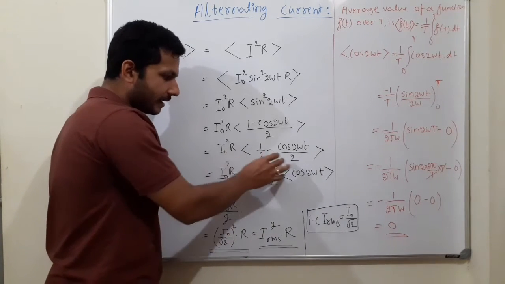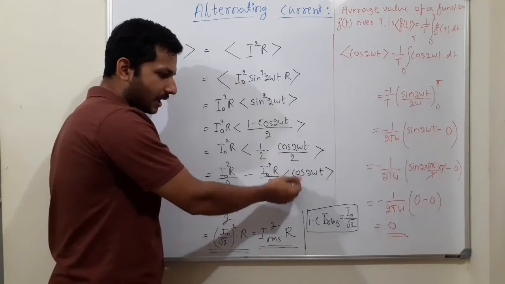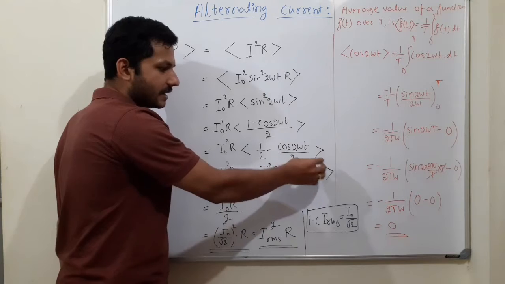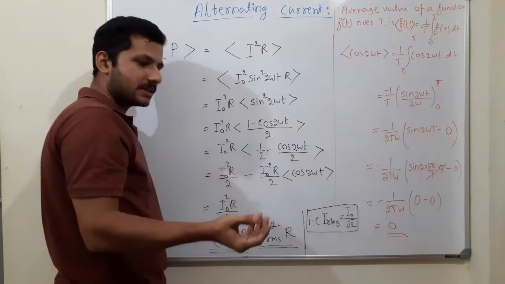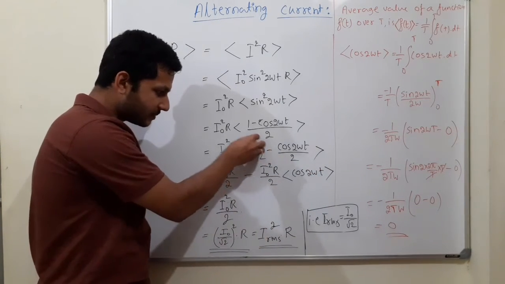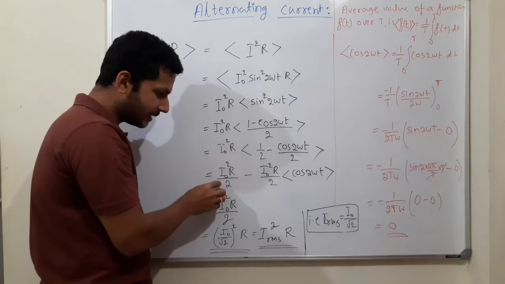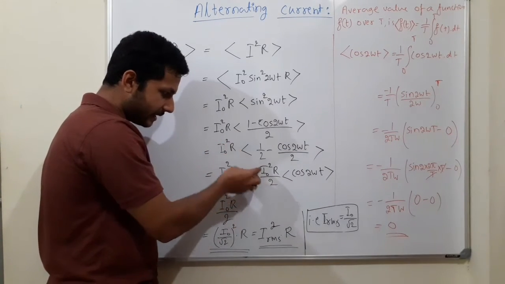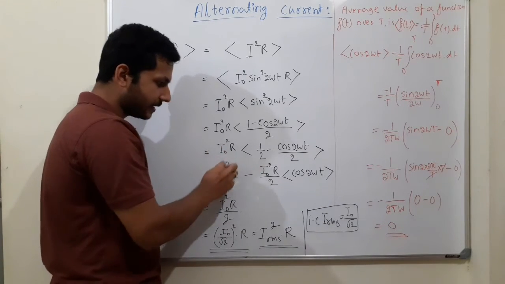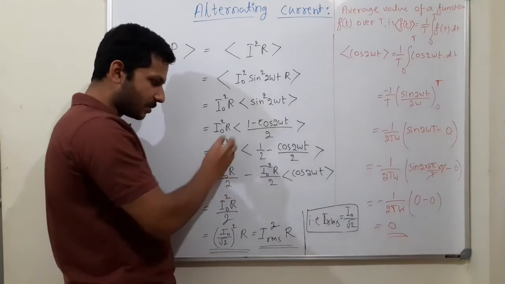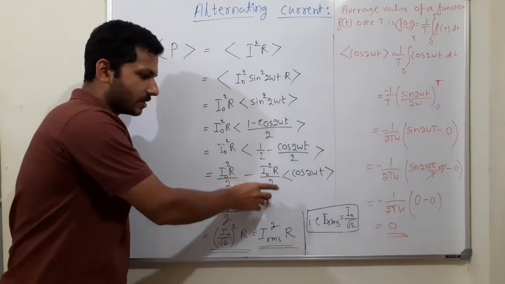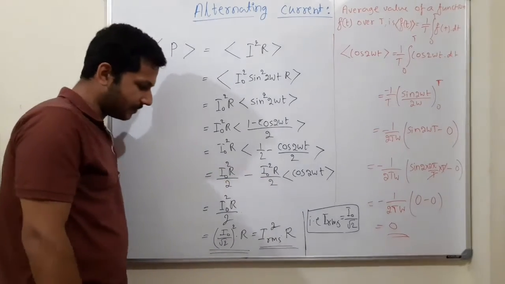Since I naught square R and 2 are taken out, they remain outside the bracket, and only cos 2 omega t remains inside. Or you can also understand that this half is multiplied with I naught square R, and the 2 is written in the denominator of I naught square R.